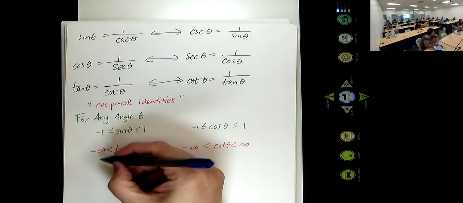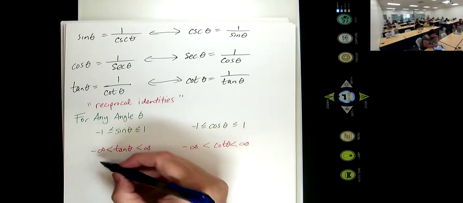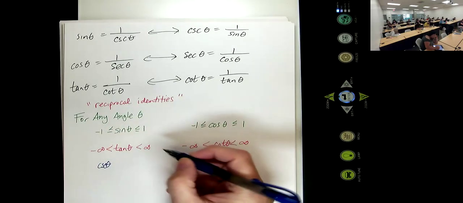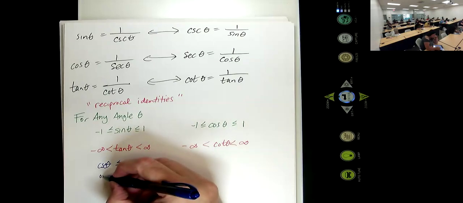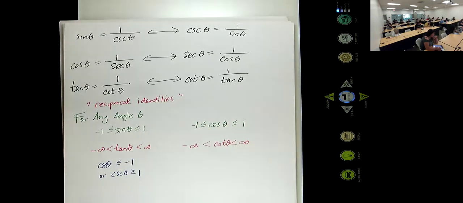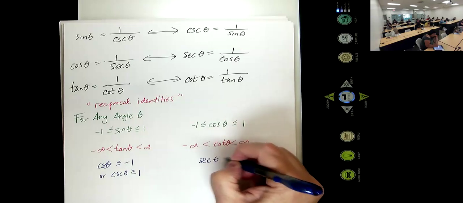And if we look at cosecant and secant, there's some issues here. Cosecant theta is either less than or equal to -1, or cosecant theta is greater than or equal to +1. And the same thing happens with secant theta.